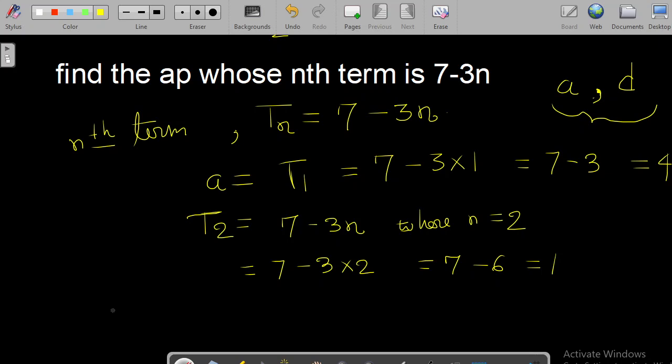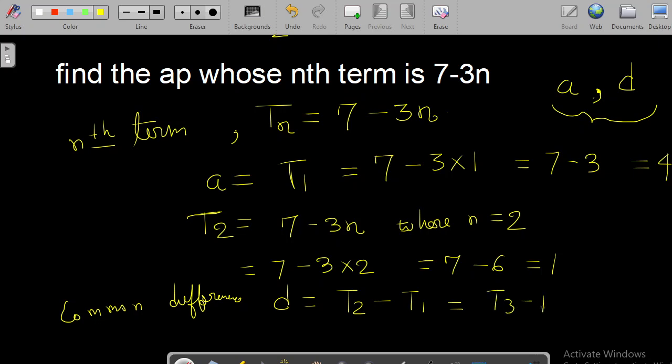Now I use these to find the common difference D, which is nothing but a term subtracted from its next term, like T2 minus T1. You can also write it as T3 minus T2, or simply Tn minus Tn minus 1.